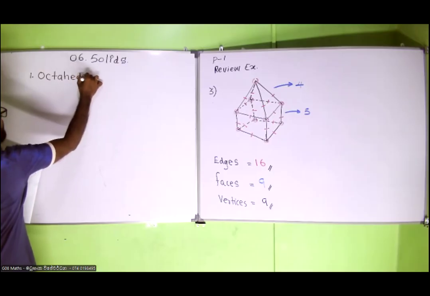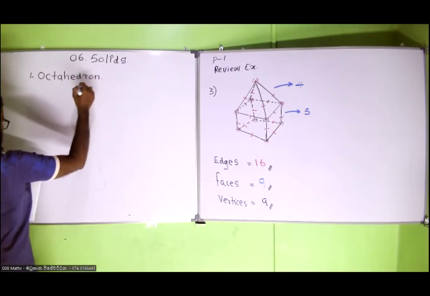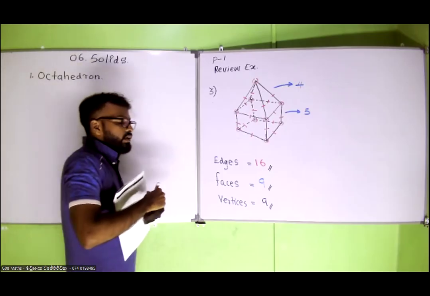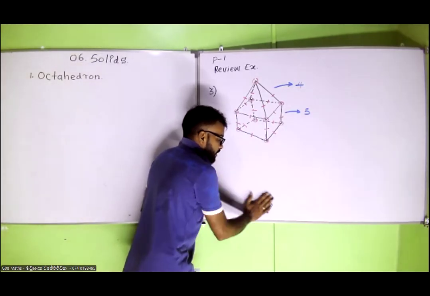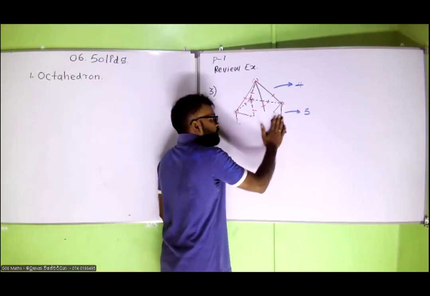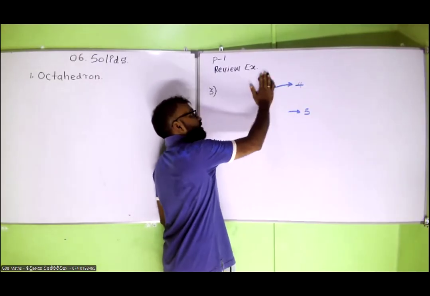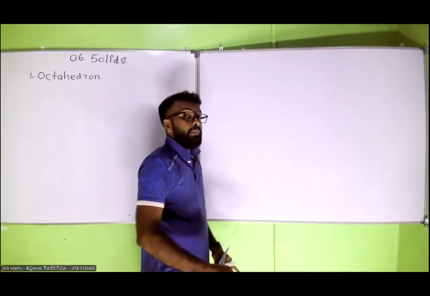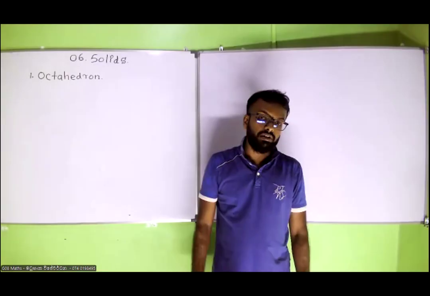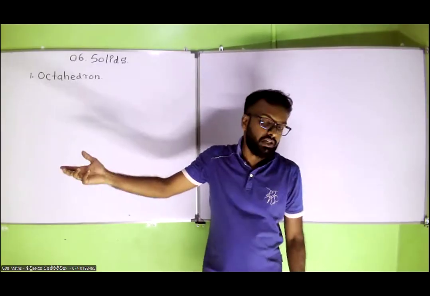Okay. So when it comes to an octahedron, it is very similar to a tetrahedron, but the octahedron has been built according to the tetrahedron, right? But the shapes are different.